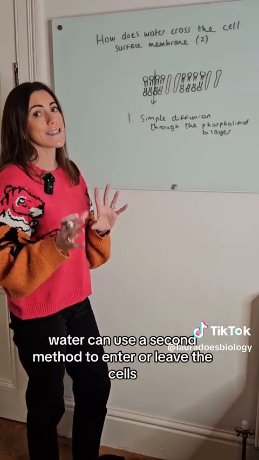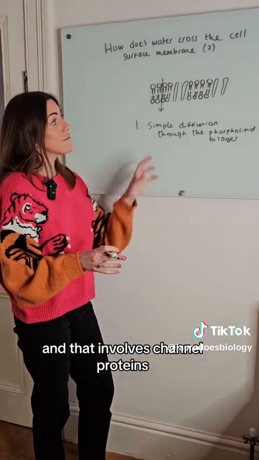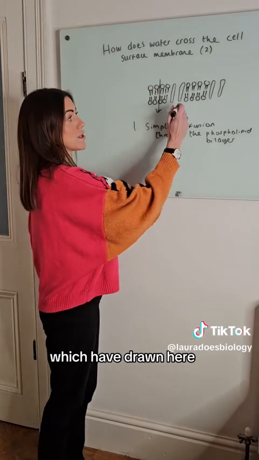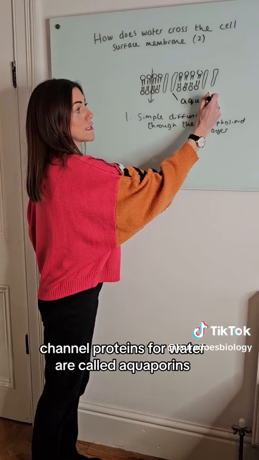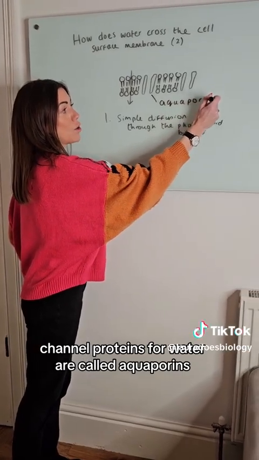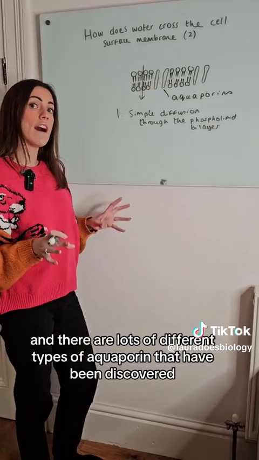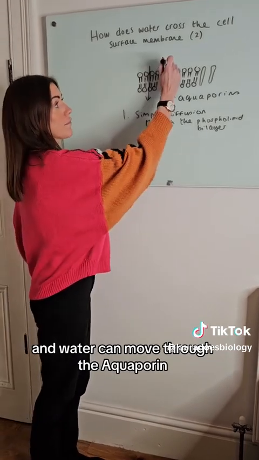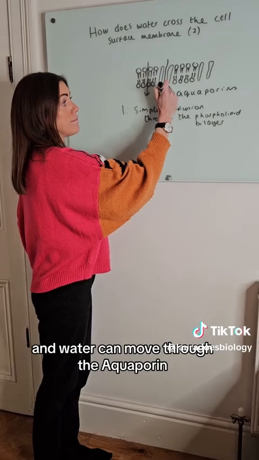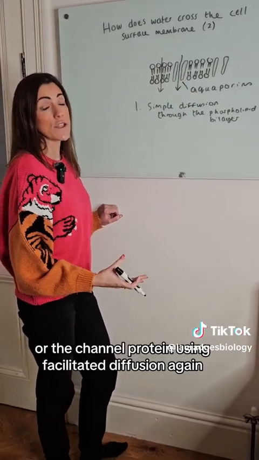Water can use a second method to enter or leave the cells, and that involves channel proteins, which I've drawn here. Channel proteins for water are called aquaporins, and there are lots of different types of aquaporin that have been discovered, and water can move through the aquaporin or the channel protein using facilitated diffusion.